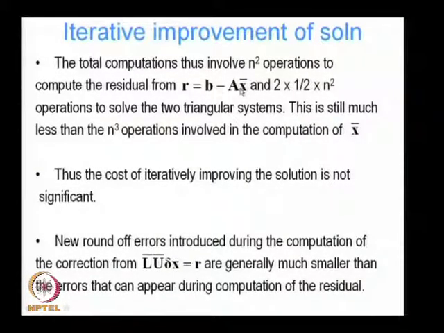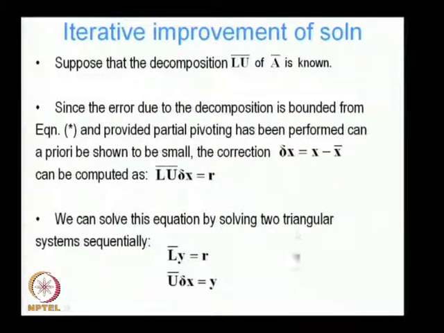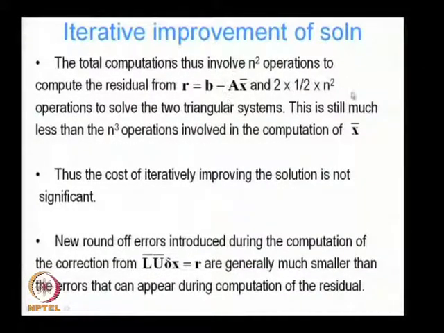This n square operations plus we need to solve the two triangular systems L bar y equal to r and U bar del x is equal to y. Each of these triangular solutions involves half times n square operations. We have seen that earlier. So, 2 times half n square, that is equal to n square.